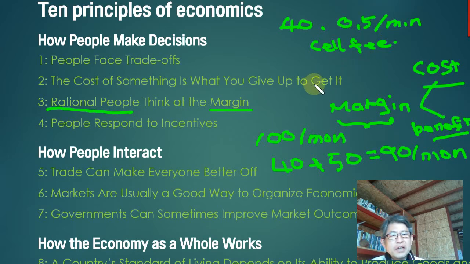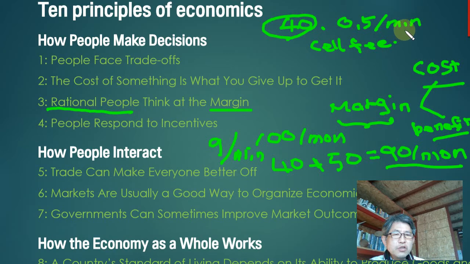So you have a basic fare of 40 boxes and you pay 0.5 boxes per minute. Suppose you use 100 minutes per month.